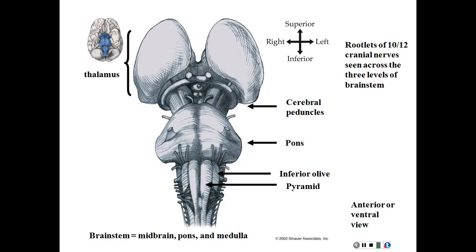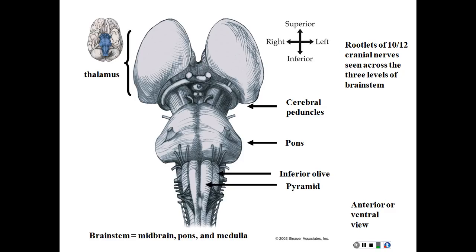So when someone says to you, this patient has a pyramidal disorder, you know it's motor, because the pyramids have to do with that corticospinal pathway. And you can see how superficial they are in the brainstem by these 2 bumps on either side of the midline.